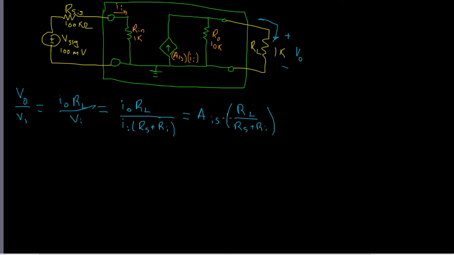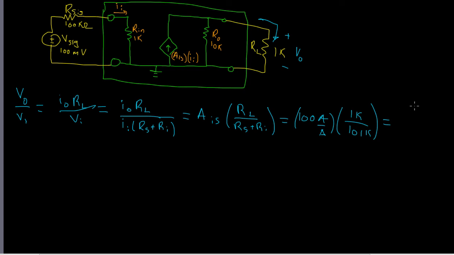Now we've put everything in terms of stuff that we know. The IO over II becomes the A sub IS, and all this stuff is resistances that we know. So that's going to give us 100 amps per amp times the 1K load over the 101K sum of the input resistances there.